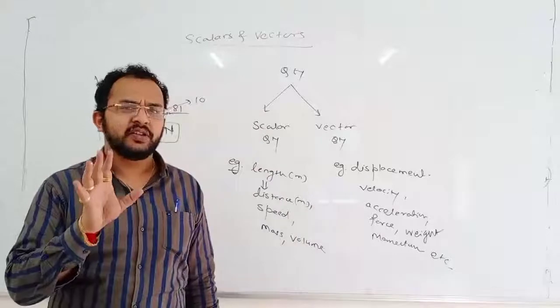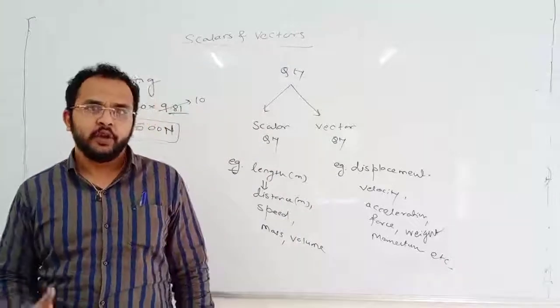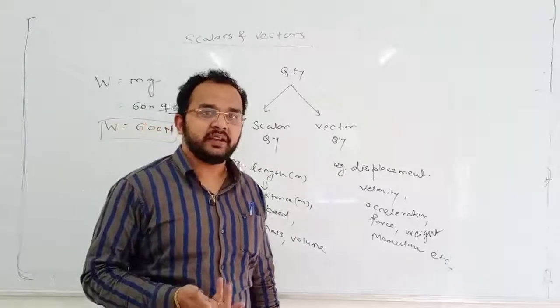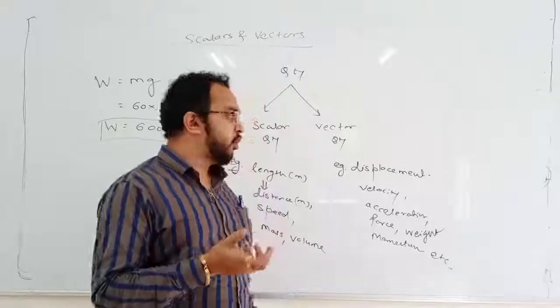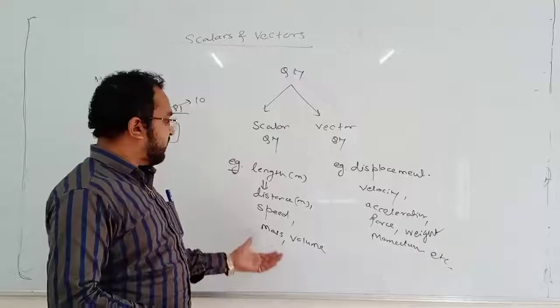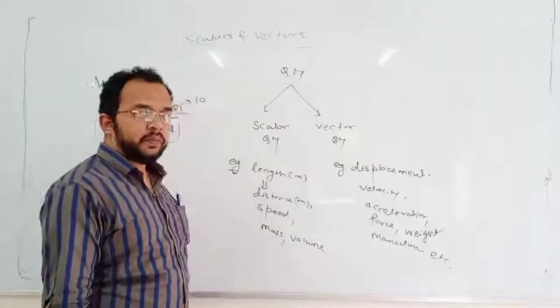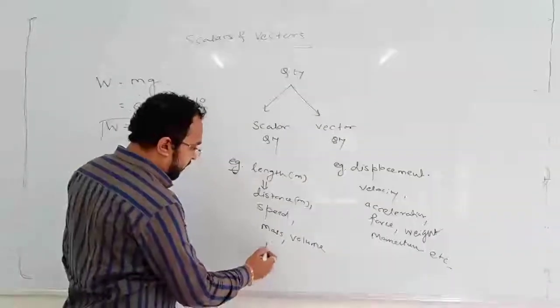It is just 3 liters. No need to specify the direction, because it is the amount, it is the quantity, it doesn't have direction. So this is a scalar quantity. Time also.